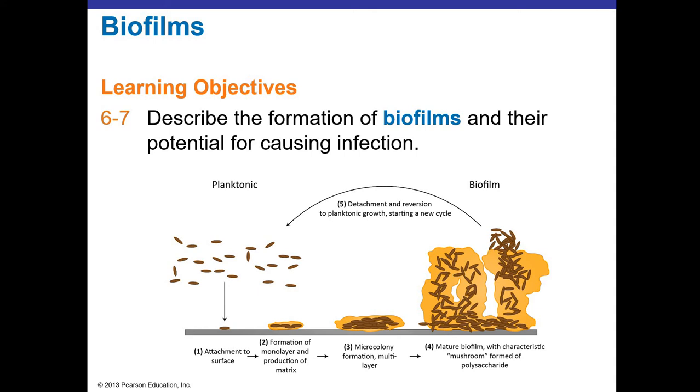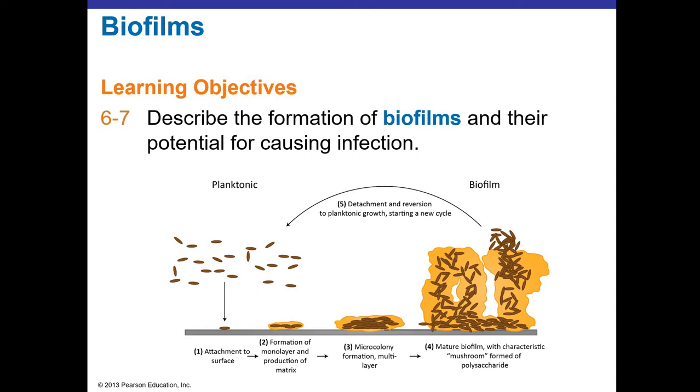Once they do, they start to create a jelly matrix, and these bacteria then start to form these microcolonies in multiple layers. Once this biofilm matures, they form this hydrogel that looks like this mushroom body. This hydrogel is made of polysaccharides that really protect the bacterial community, and this can be problematic when we talk about these biofilms from a clinical standpoint.